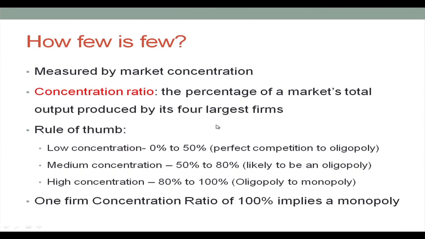A one-firm concentration ratio of 100% implies that 100% of the output of the market is being produced by one single firm. So this is just to give you an idea about how few is few.